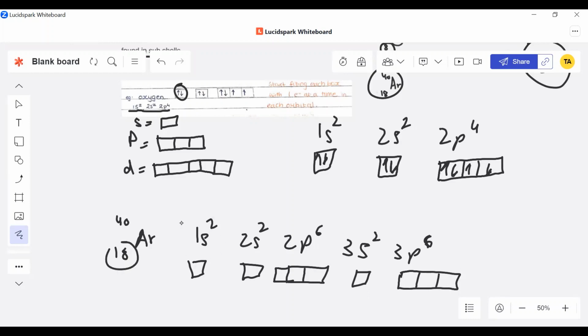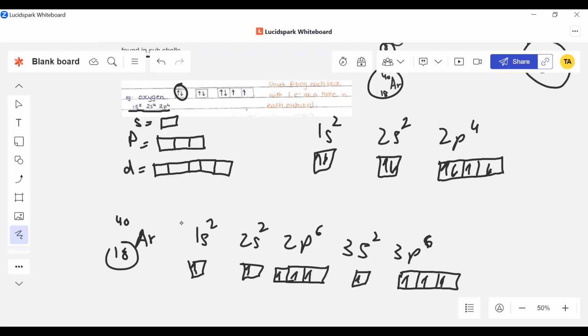Remember there's 18 electrons. So I write 1 electron, 2, 3, 4, 5, 6, 7, 8, 9. So I fill the electrons so that I don't have any unfilled orbitals left. Now that I don't have any unfilled orbitals, I move on to completing the orbitals.